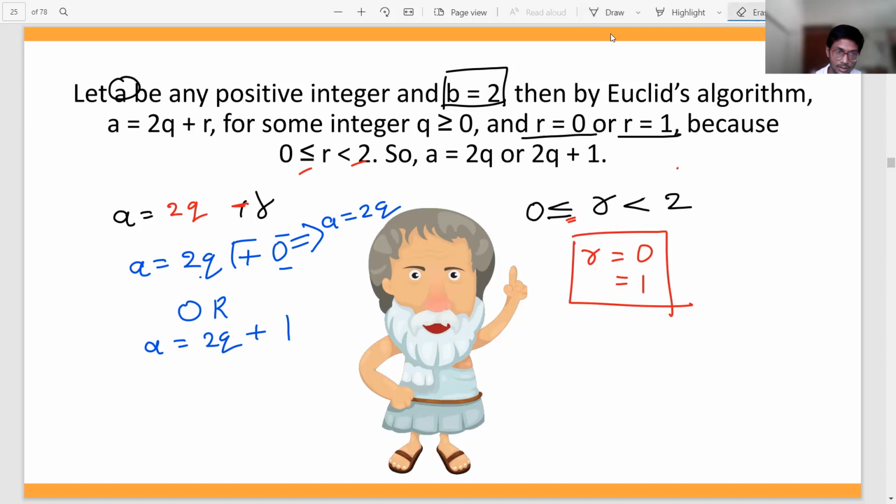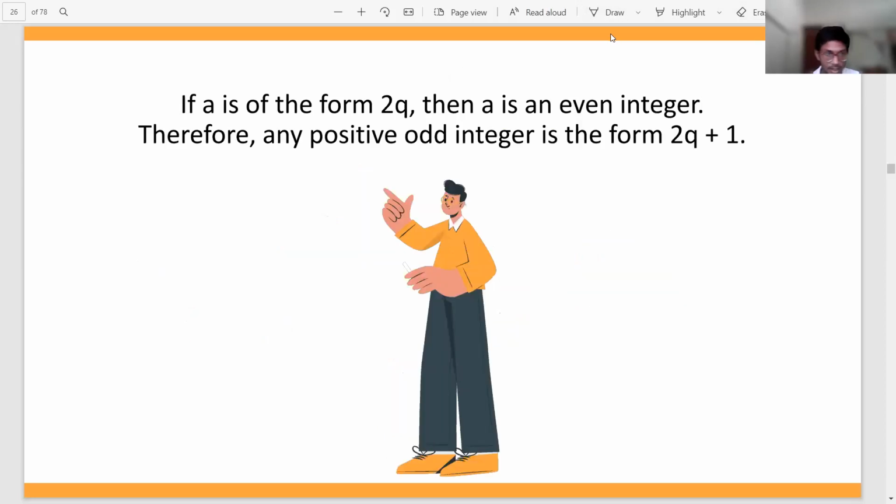So yeah, let me just clear some things. Okay, so here a can be 2q or it can be 2q plus 1. Now, if a is of the form 2q, then a is an even integer.